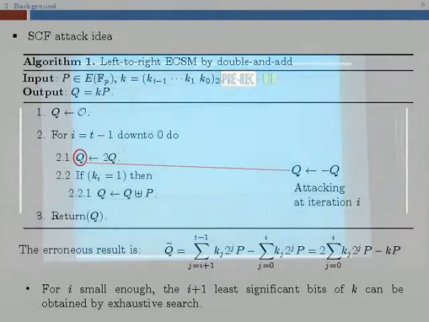If we can inject a fault such that at the y coordinate we can change the sign of this y coordinate, then we change the sign of that point, and if we could do that, it's possible to retrieve the key. And an interesting thing of this attack is that the point verification does not help to prevent this attack. Let me explain this principle.